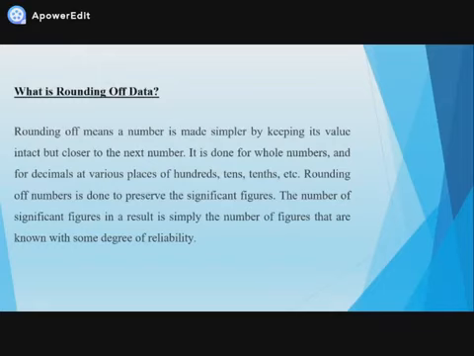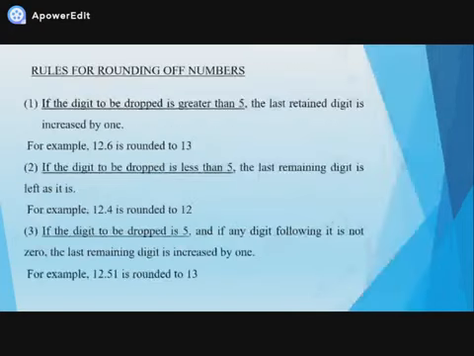It is done for whole numbers and for decimals at various places of hundreds, tens, etc. Rounding off numbers is done to preserve the significant figures. The number of significant figures in a result is simply the number of figures that are known with some degree of reliability. Now there are certain rules for rounding off data.